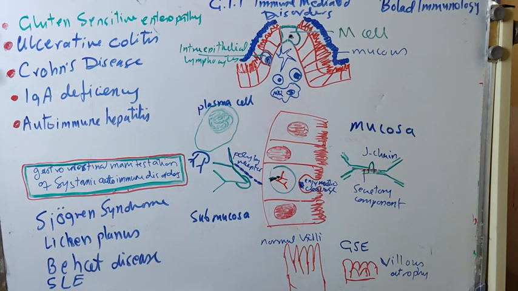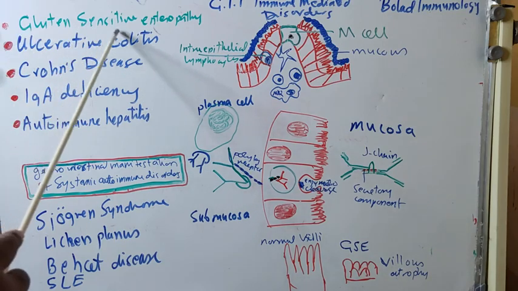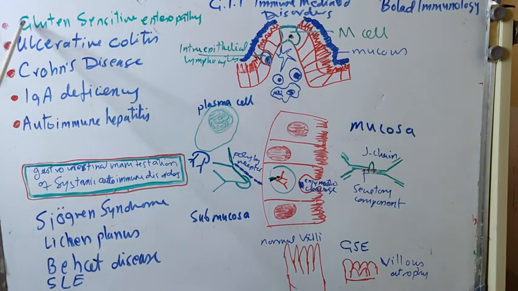So when this enzyme interacts with these antibodies, they will lead to inflammation of the mucous membrane with subsequent atrophy of the villi. Also, the cellular immune response plays a role in immunopathogenesis of gluten sensitive enteropathy.